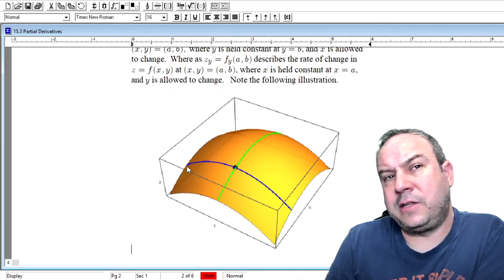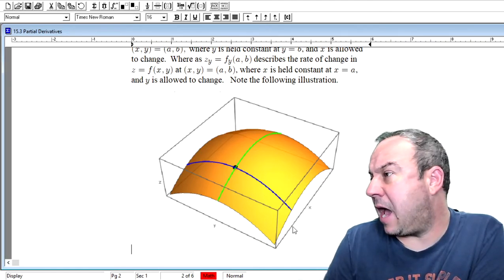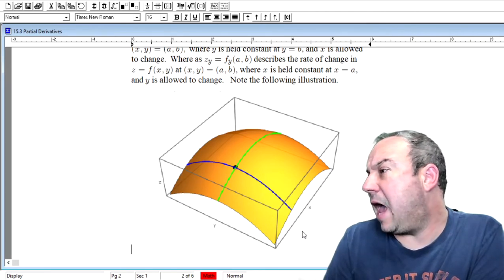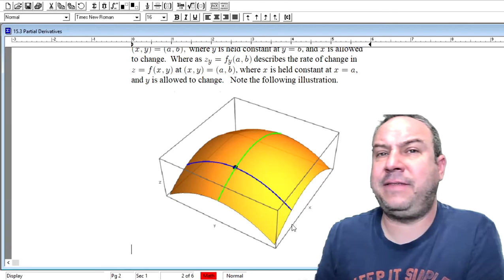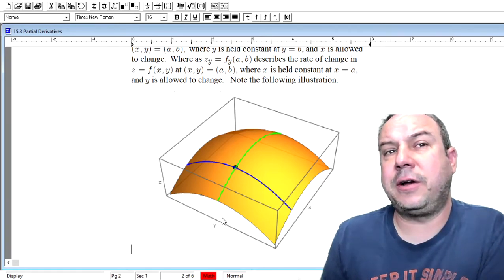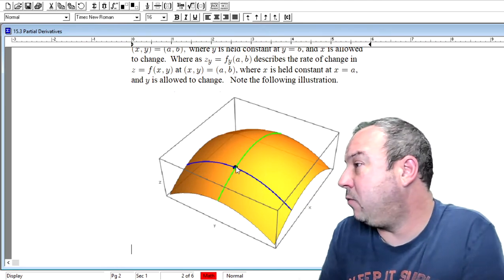Similarly, along this blue path, if we were to translate that down to the xy plane, that would be strictly a path in the xy plane, right? Where x would be held constant at the value of a in our illustration here, y being held at b, x being held at a. This is the coordinate a comma b, we might say.